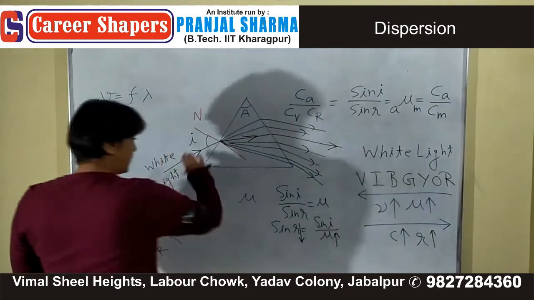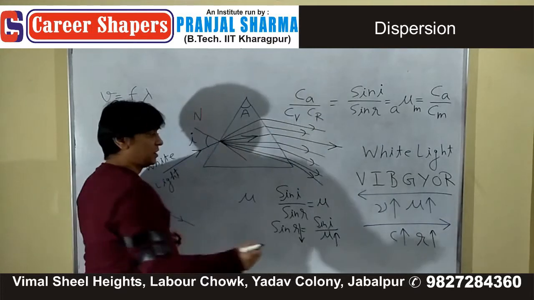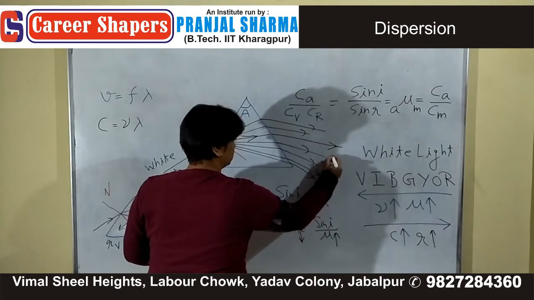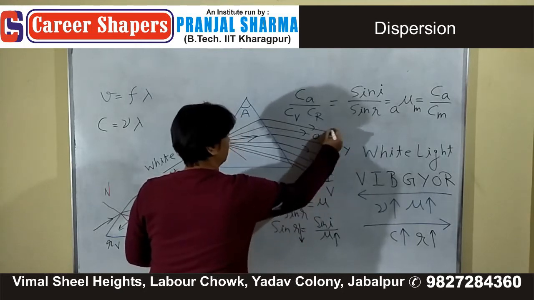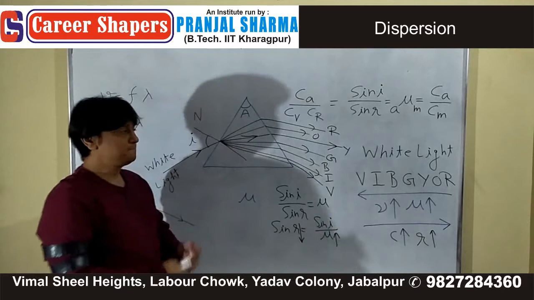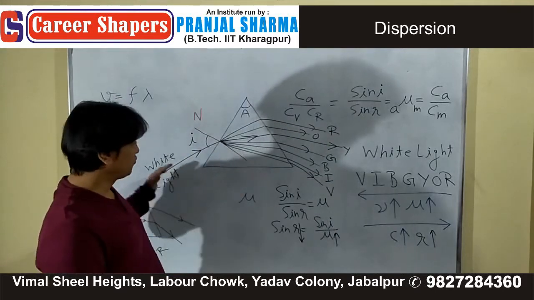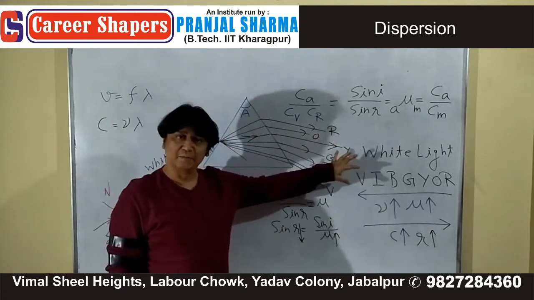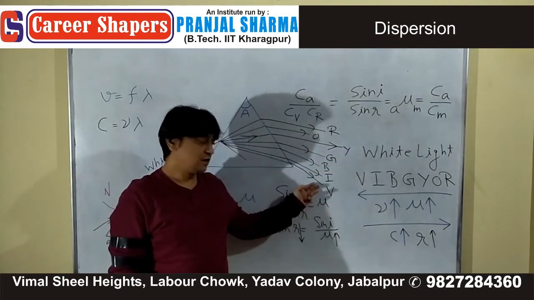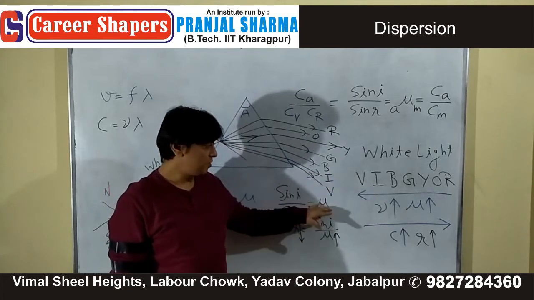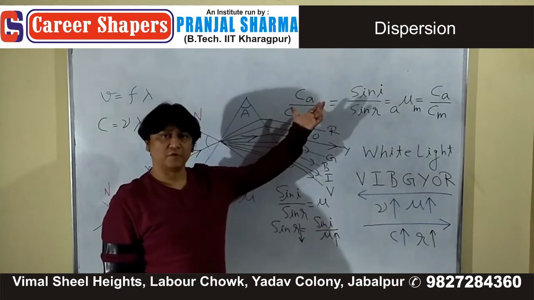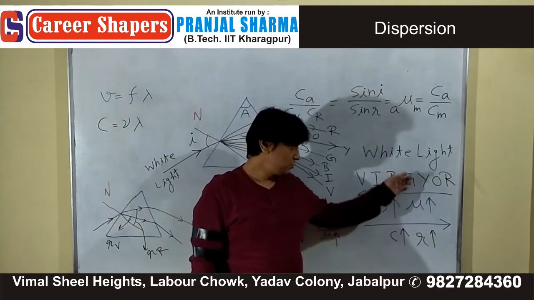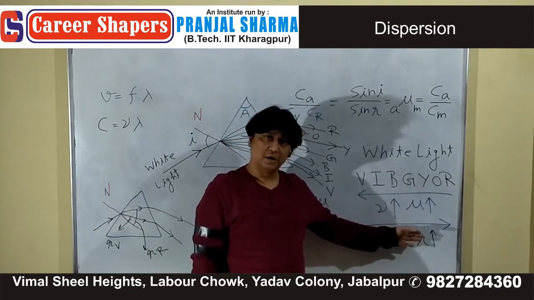Which means when you look at this figure, you can write VIBGYOR in this form. As a trick, you can remember that when white light enters, comes out in the medium of glass and ultimately comes out in the same surrounding medium, the sequence is this. From bottom to top, write down VIBGYOR.